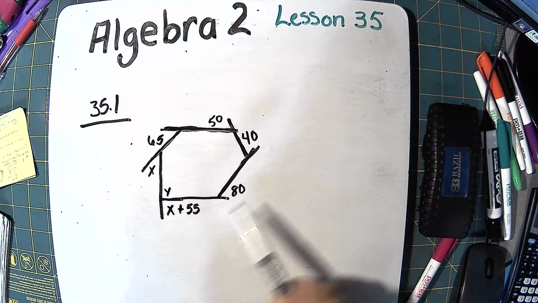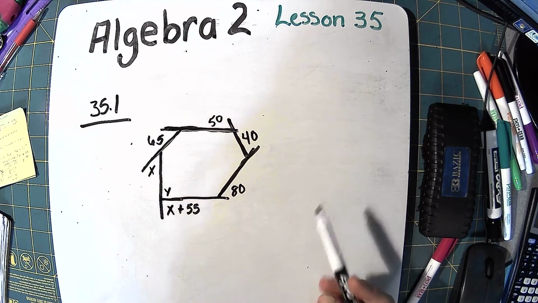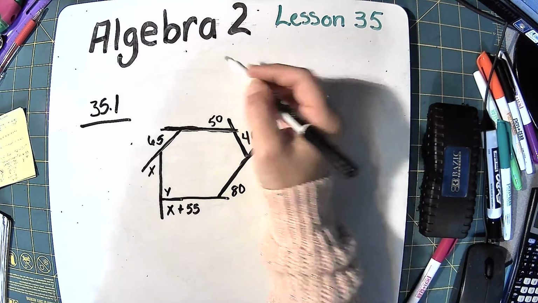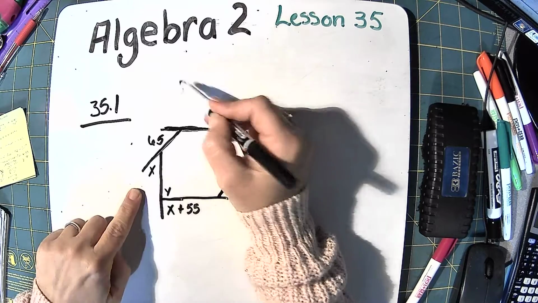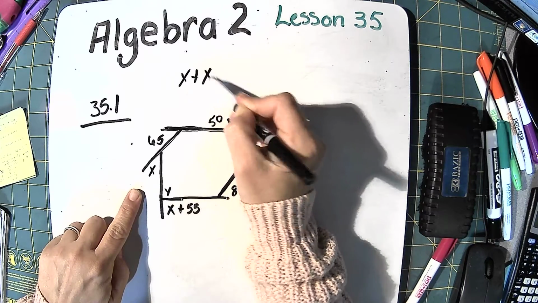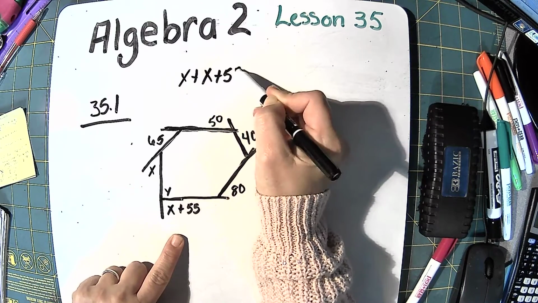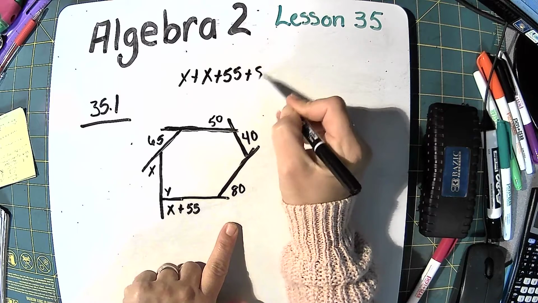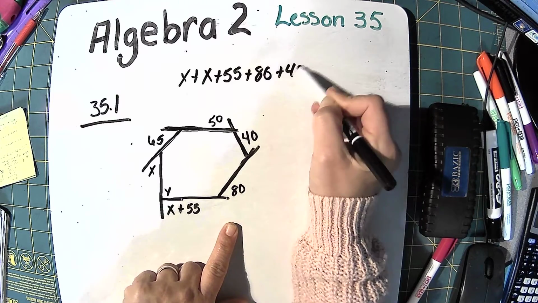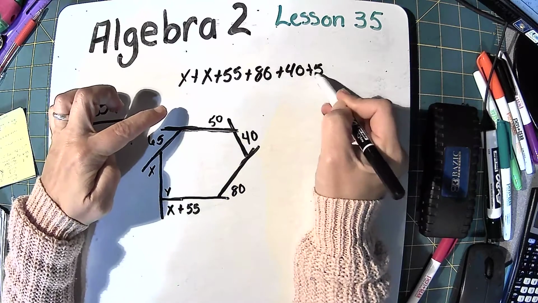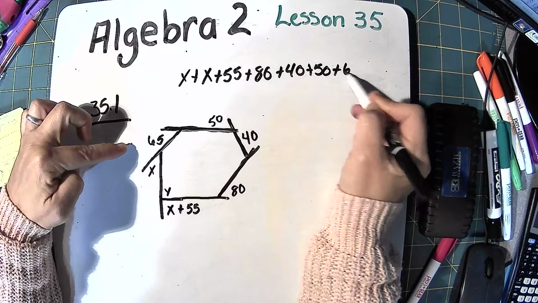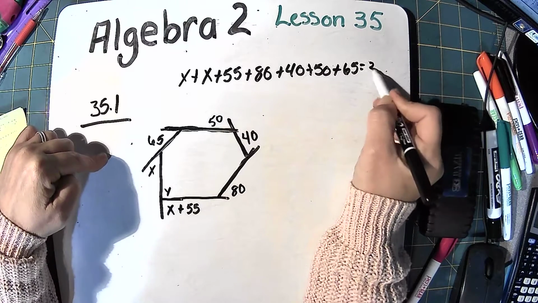Okay, so we know that all of these angles together have to equal 360, so we can just say x plus 55 plus 80 plus 40 plus 50 plus 65 equals 360.